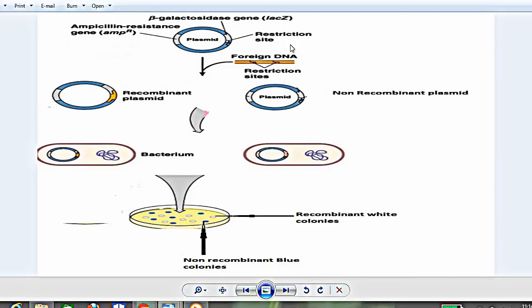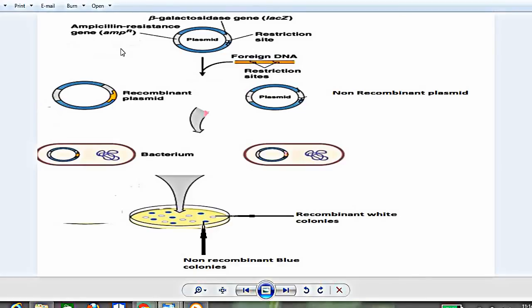Now we will take our foreign DNA which we want to insert into this plasmid and which we want our bacteria to express. We will take foreign DNA which has been treated with the same restriction enzyme, so that the ends generated here and the ends generated in this plasmid will be complementary to each other so that they can bind with each other.